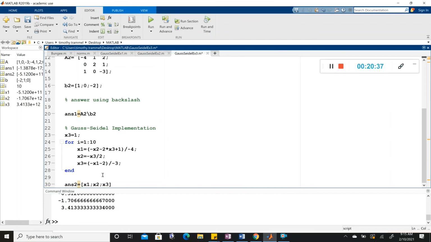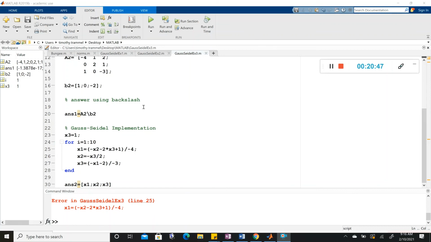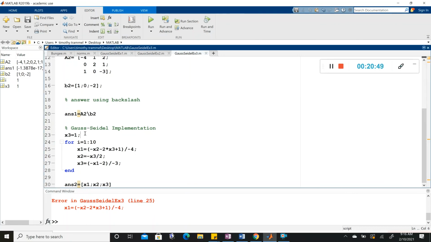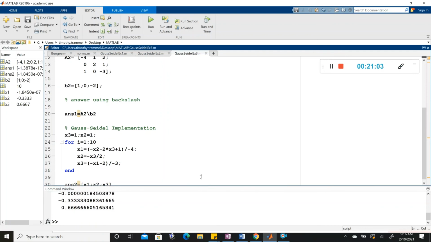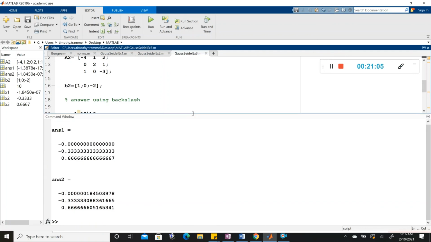All right, let's go ahead and give this a quick run and see how we did. Uh-oh. I'm guessing we haven't defined everything that we want to up here. So x1 is going to be dependent on x2 and x3, so I need an x2 in here as well, as a guess. Okay. Let's give that another try. All right.